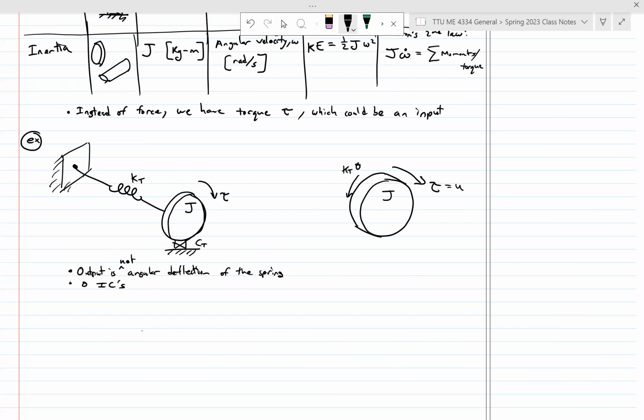Here's the thing though. Where's theta? We never actually drew theta anywhere on here, right? I need to know which direction theta should be, right? What is positive theta? What is positive omega? How are you guys choosing it?